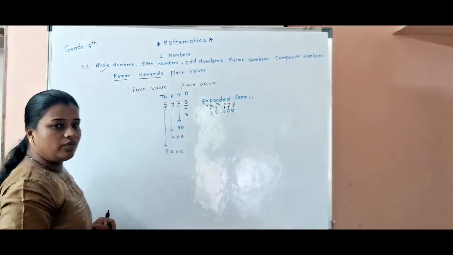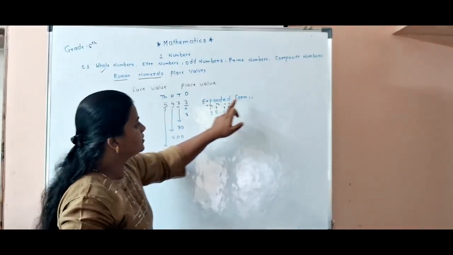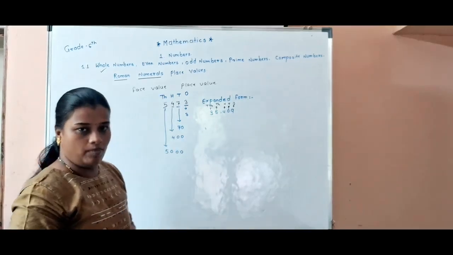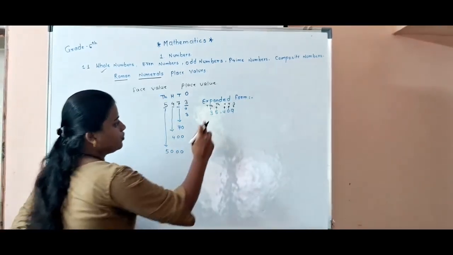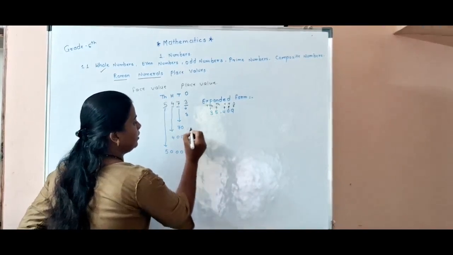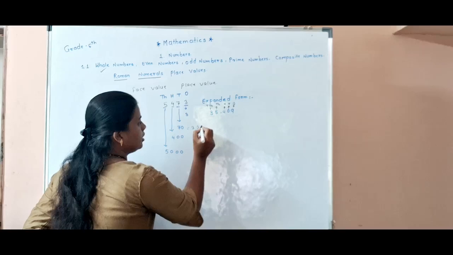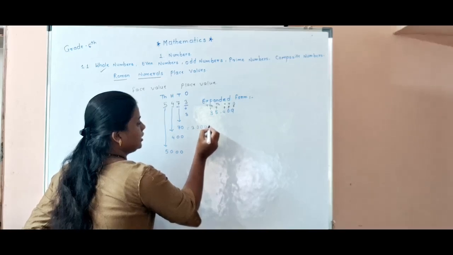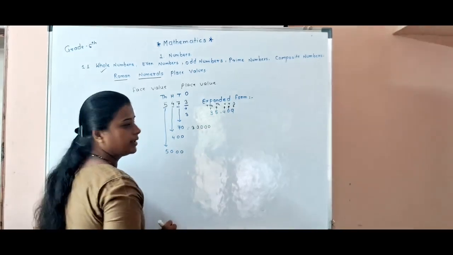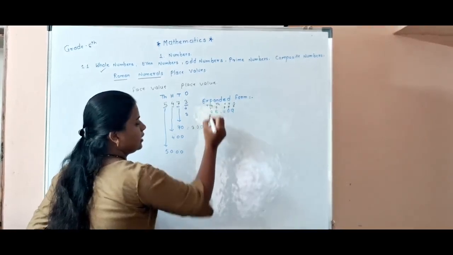Okay. What are we studying? We are studying expanded form. Okay. So first is 3, 10,000. How many zeros? 1, 2, 3, 4. Right? It is the 10,000 place.